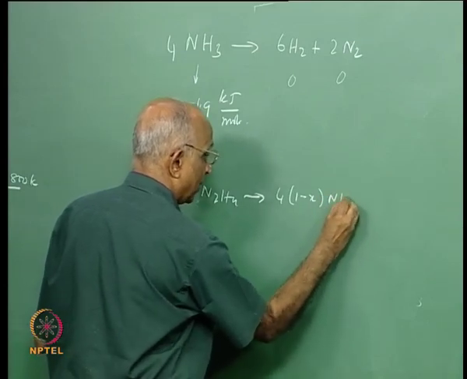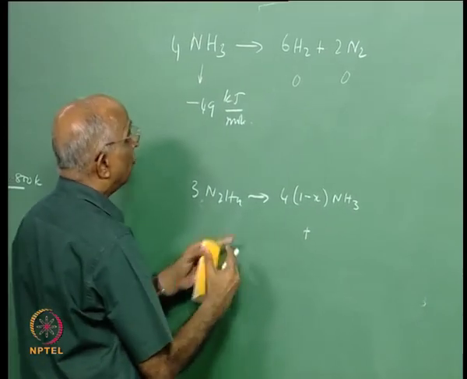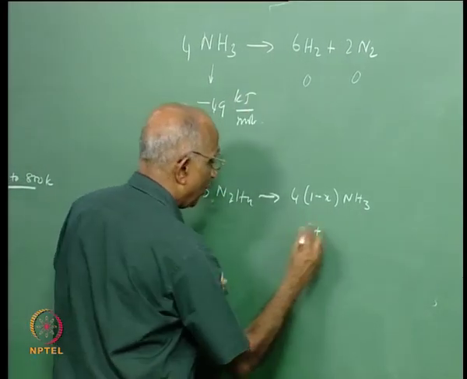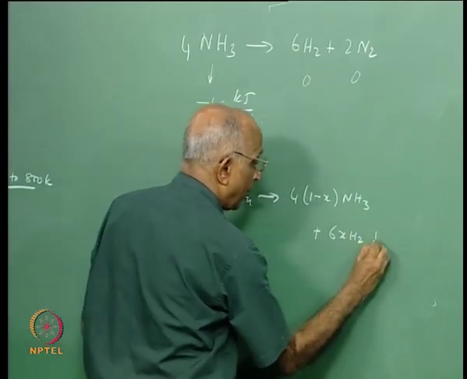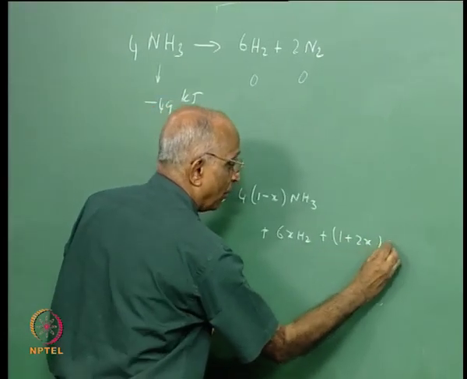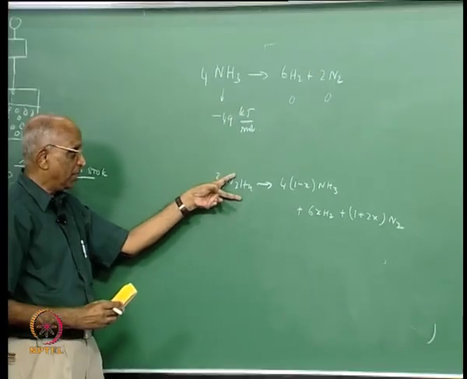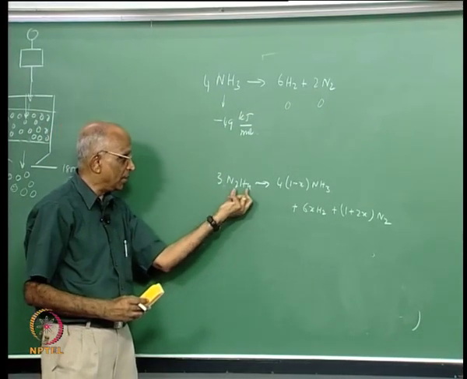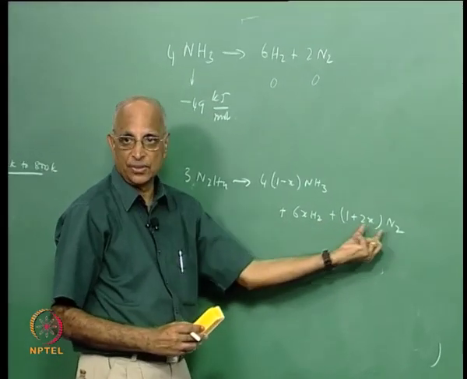And now what has happened? For each which has dissociated, I get 6X H2, and now I get N2 as 1 plus 2X, because I had originally N2 over here. Therefore, this becomes my equation when part of the ammonia which is formed dissociates into hydrogen and nitrogen.